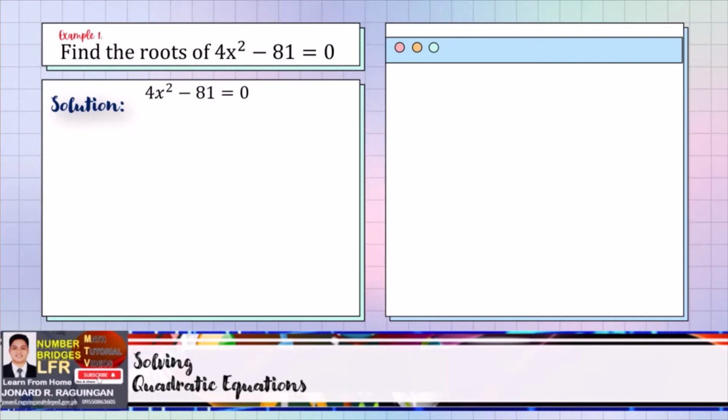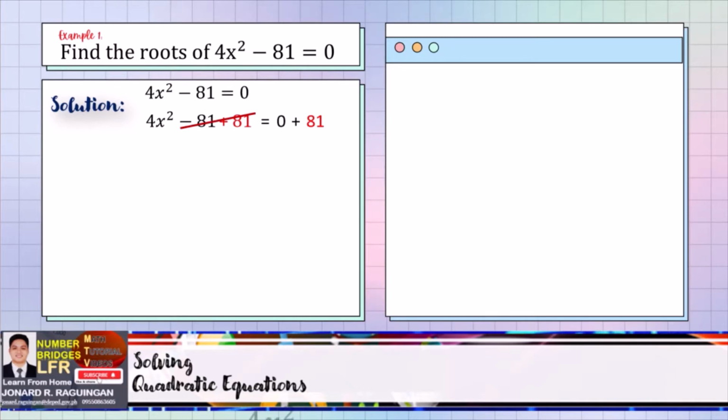First, we are going to write 4x squared minus 81 is equal to 0 in the form x squared is equal to k. That is, by applying the addition property of equality, add 81 to both sides. Then, simplify. We can cancel negative 81 plus 81 because that is equal to 0.